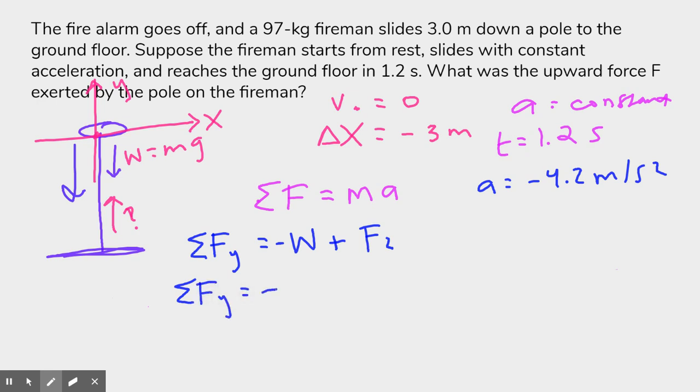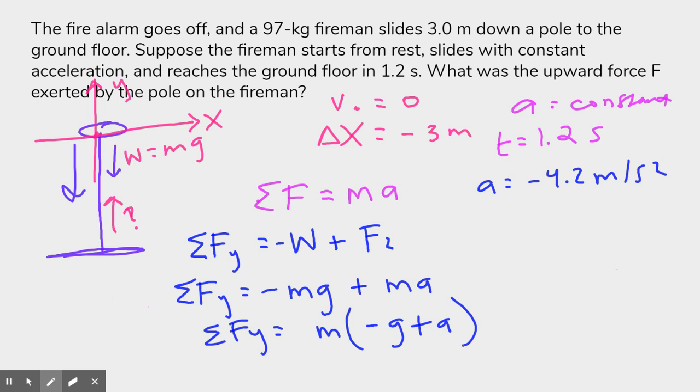So we know that weight is mass times gravity. And we know the second force, whatever that may be, is just ma. Okay, well, these both have mass in it, so we can just take mass out, and we get the sum is equal to m times negative g plus a.